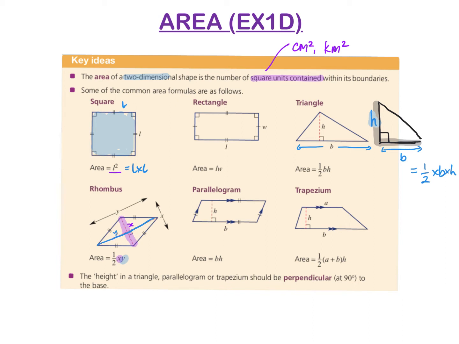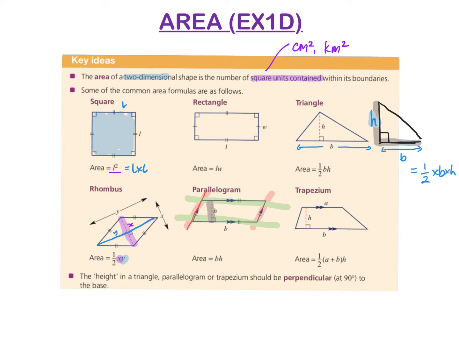For a parallelogram, parallel means the lines run the same way. You can see the lines running the same way, and then two lines running the same way. You can do base times height. Just make sure you can see the height there, and then the base length.